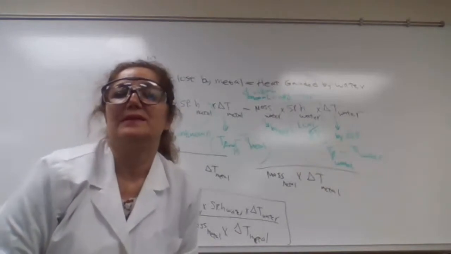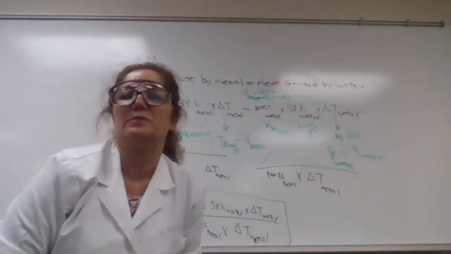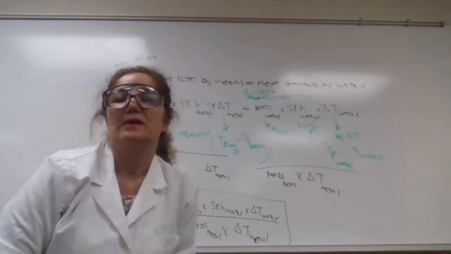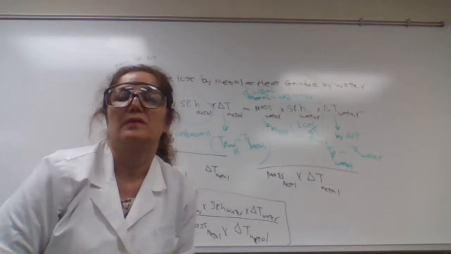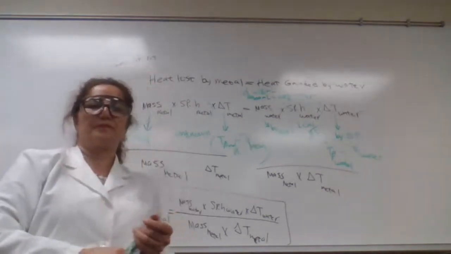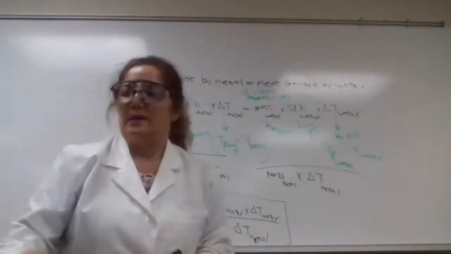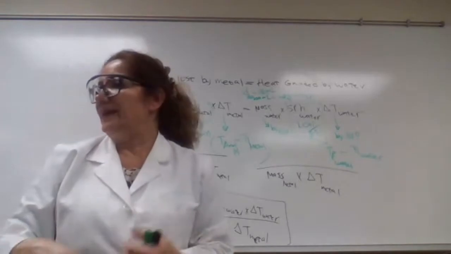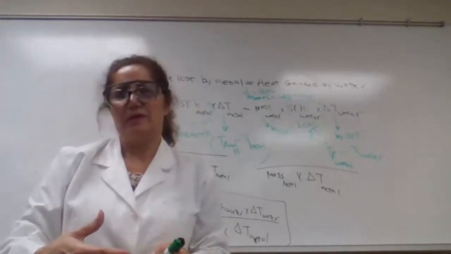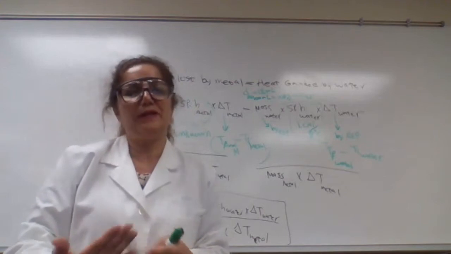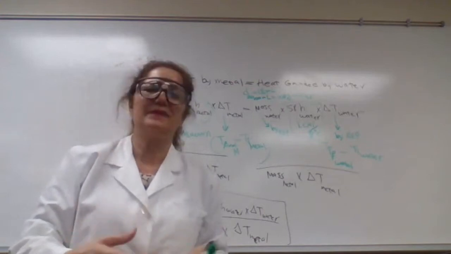At the end, the change in temperature determines whether or not... Okay, and also we are going to really look for the value for a specific heat in this case.